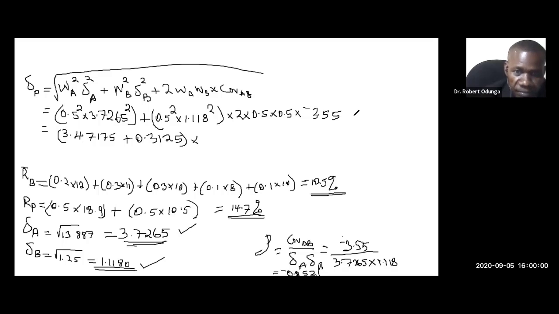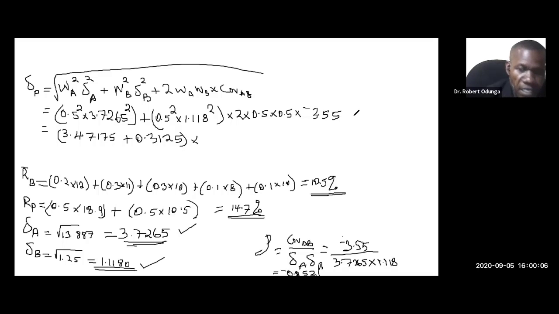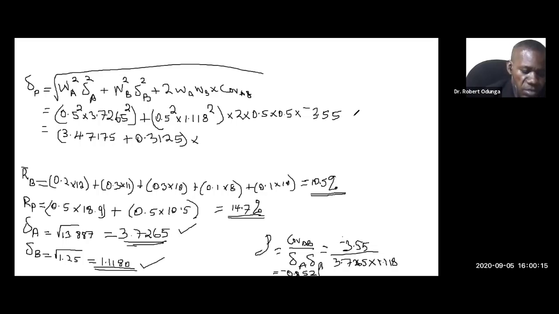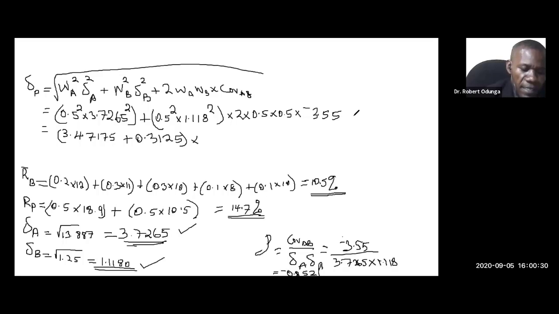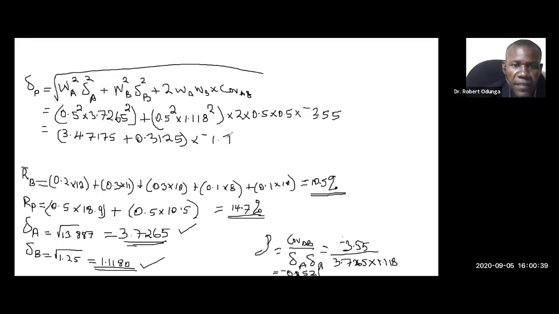What do you get? 2 times 0.5 times 0.5 times negative 3.55, right? That is negative 1.775.